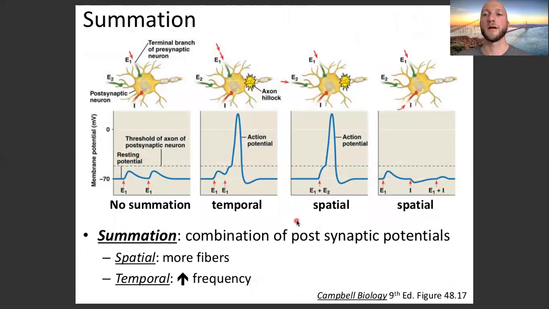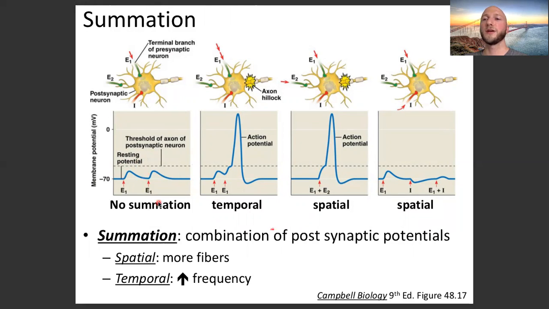Now, quite often, it's not just one EPSP happens and you get an action potential. These things need to come together. In lab, we looked at the photo of a neuron cell body that had like 100 axons synapsing with it. All of those synapses were causing EPSPs and IPSPs.